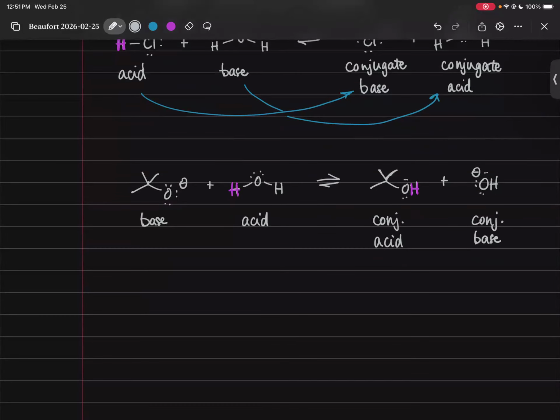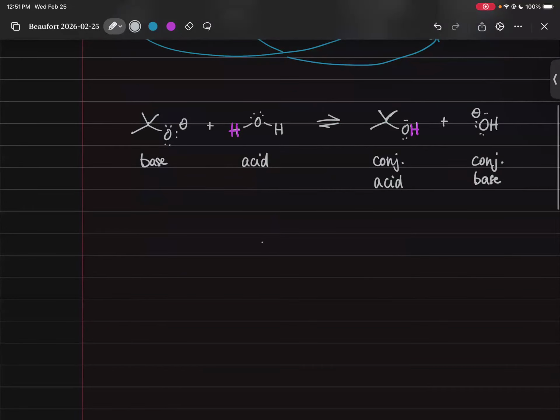Okay, we can make a generalization of this acid-base conjugate thing by using water as an example. So this is sort of a summary of this stuff. So if we take water and we add a proton, that's going to give us H3O plus.